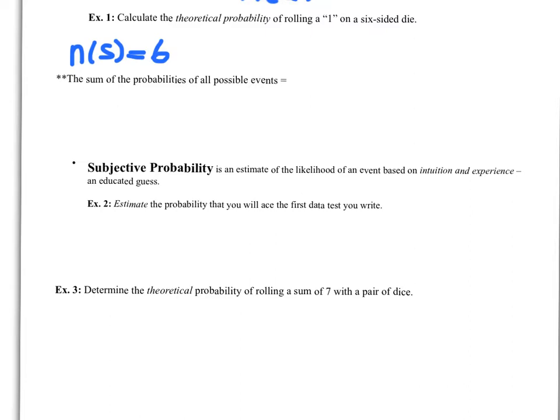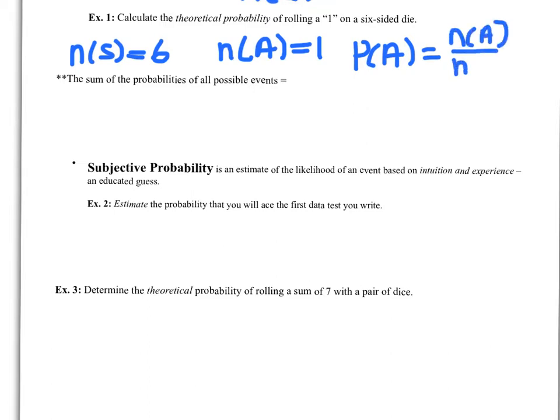So, Mr. Langford, since there's only one 1 on a 6-sided die and the desirable outcome or the event is a 1, then n of A should be 1, right? That's right, Miss Penna. So, the probability of rolling a 1 must be n of A over n of S, which in this case is 1 over 6.